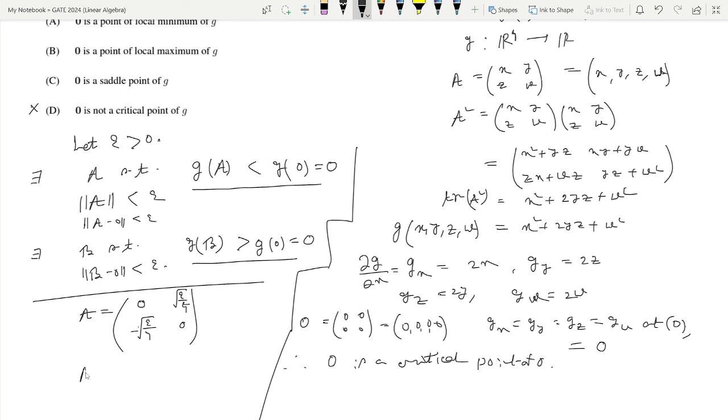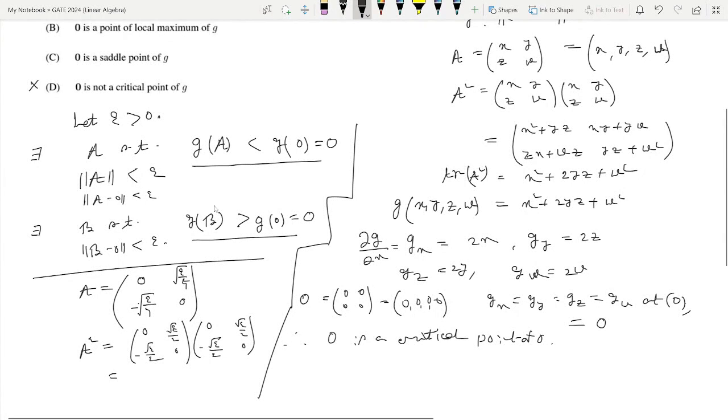So if we calculate simply A square, then we will get 0, root epsilon by 2, minus root epsilon by 2, 0, times 0, root epsilon by 2, minus root epsilon by 2, 0, that is equal to, this will be simply minus epsilon by 4, this is 0, this is 0, and this is simply minus epsilon by 4.